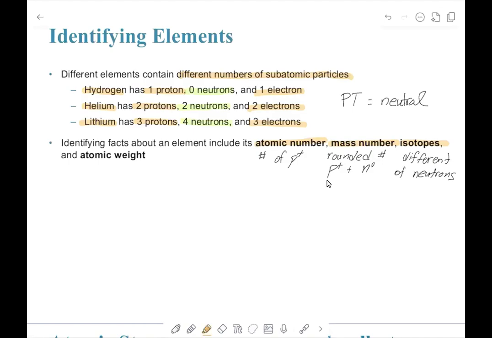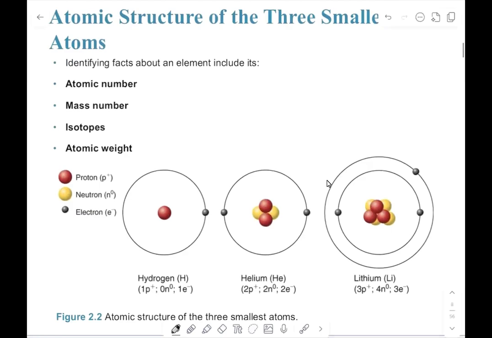The last thing is the atomic weight, which is the decimal form. So it's similar to the atomic mass, and it's going to be the number of protons plus neutrons, but it's the average of all known isotopes. So we'll see that again on this next slide here.